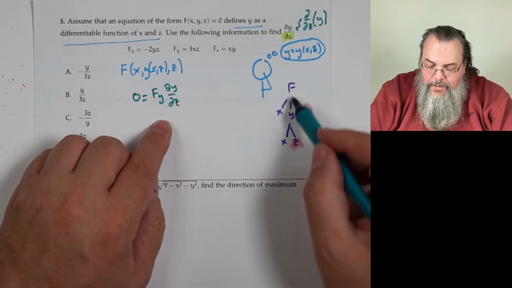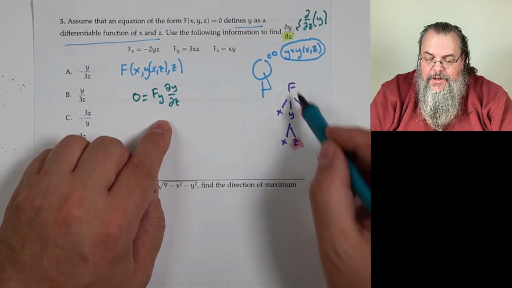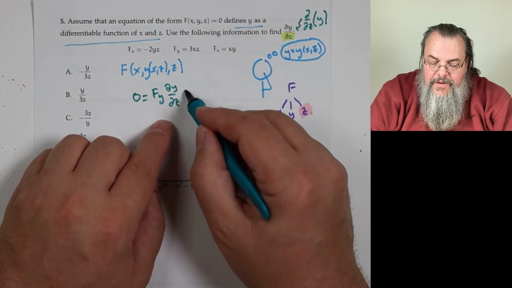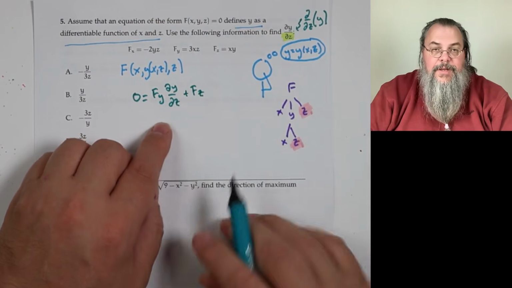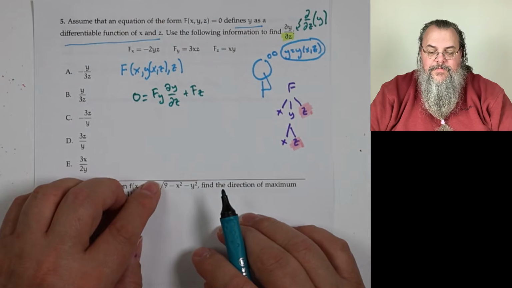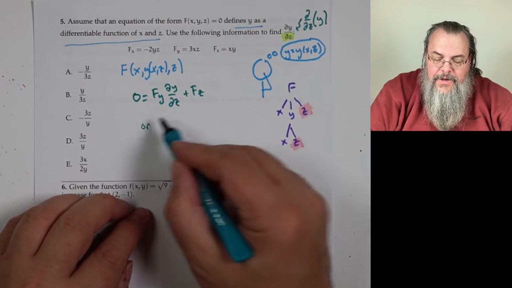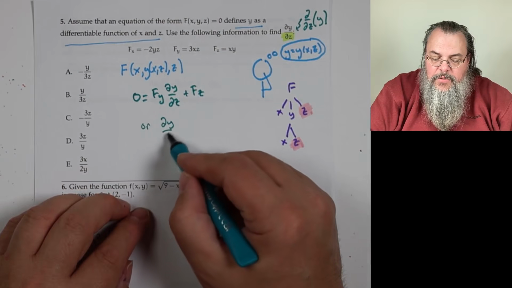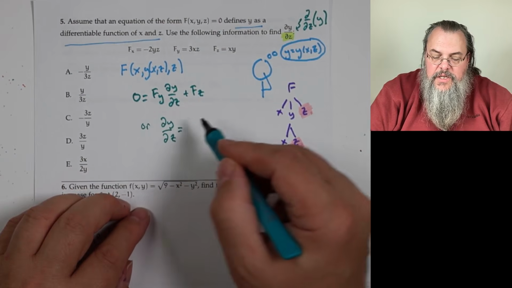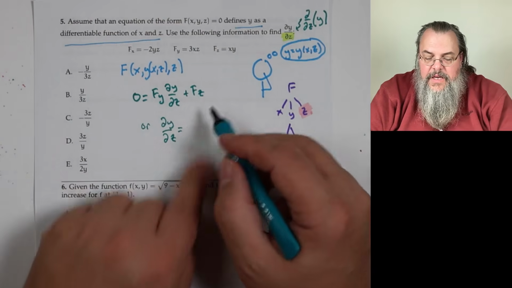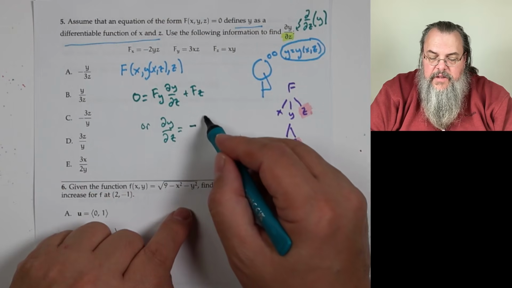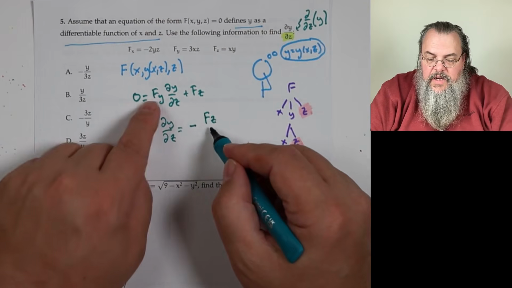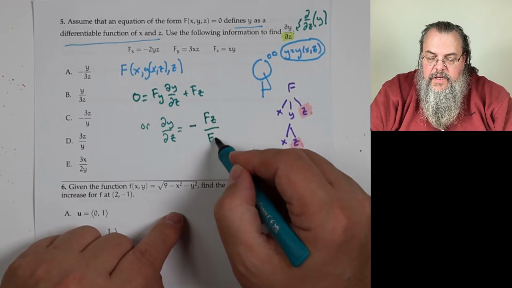Okay, now that's one path. The other path is f with respect to z. Or, rearranging it, you get partial y partial z is you subtract the f sub z across, so you get a minus, and you divide by the f sub y.